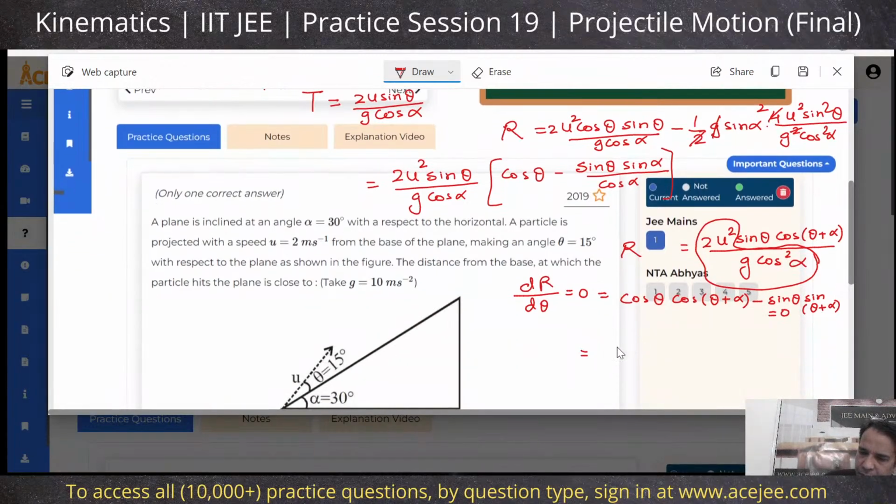So this gives us cos of 2 theta plus alpha equals 0. Is that right, Peter? Which means 2 theta plus alpha equals pi by 2. So your theta is pi by 4 minus alpha by 2, half of this angle.